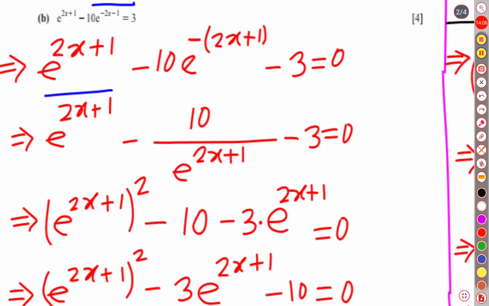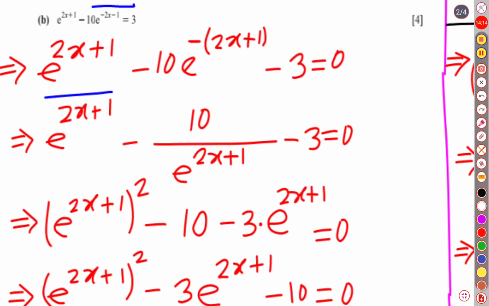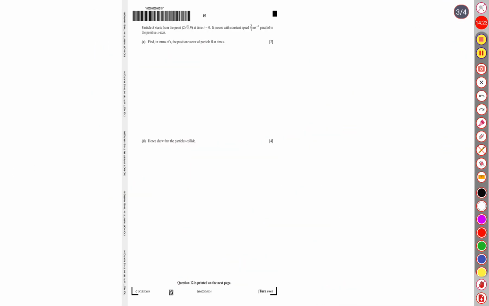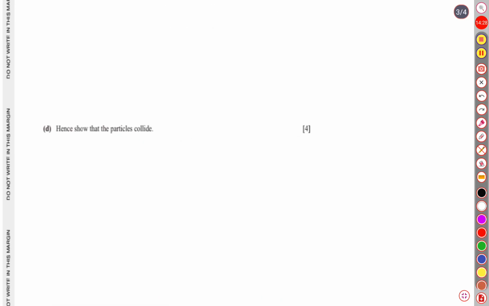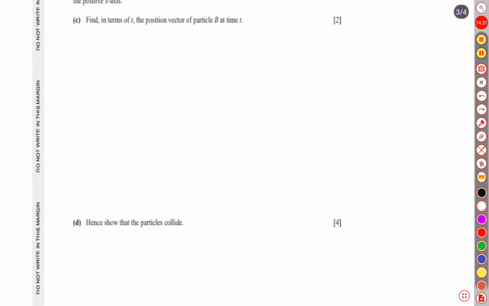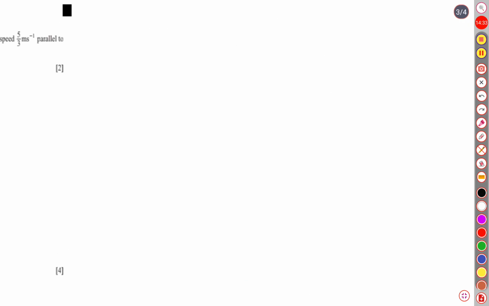Then let me explain this through expansion. For the next step, we have learned this step already. Now how can we get this step? Let me show you over here. Let me write it: we have been given e raised to 2x plus 1 over, then minus or plus?